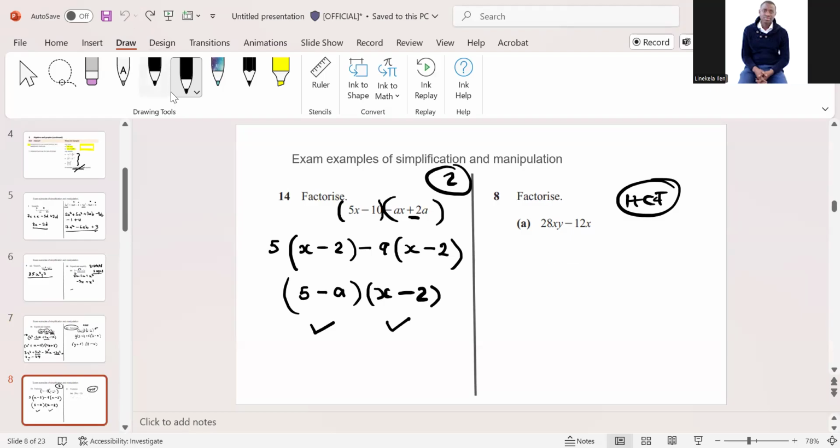And you can obviously use prime factorization if you are not sure, and then you can simplify. All right, so let's move on to do this one then. What's the highest common factor of this one? The highest common factor of 28 and 12 is literally 4.